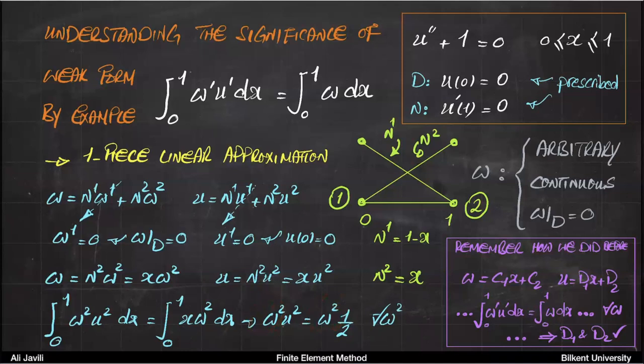So if it is not 0, let's say, you can cancel it out, and then it tells you U2 must be 1/2. All right, so that's it.